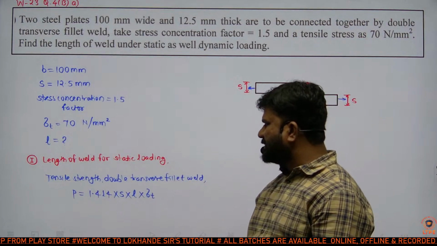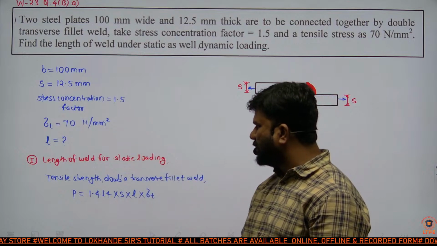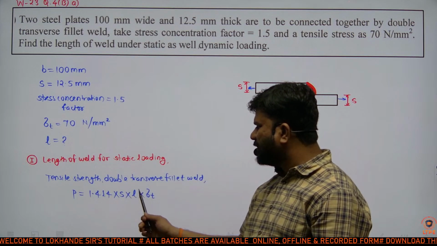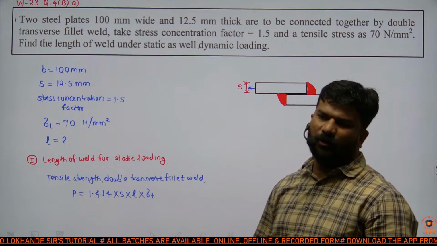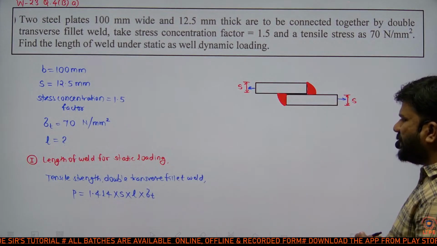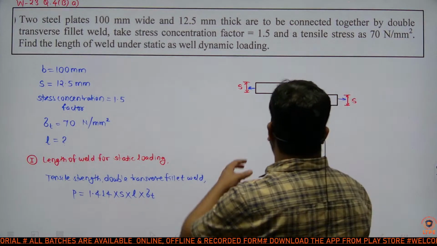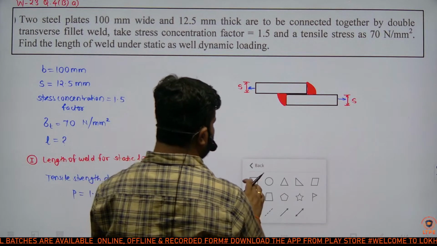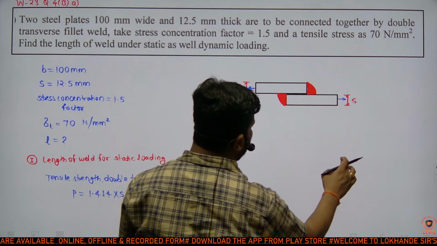Sigma T is there, S is also there. From this equation we can find L, but P is not known. P is nothing but the load acting on the plate.